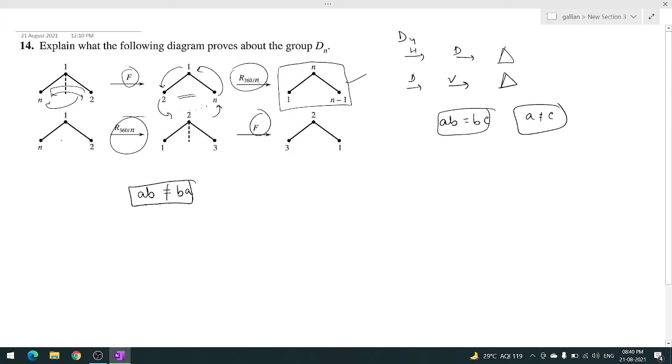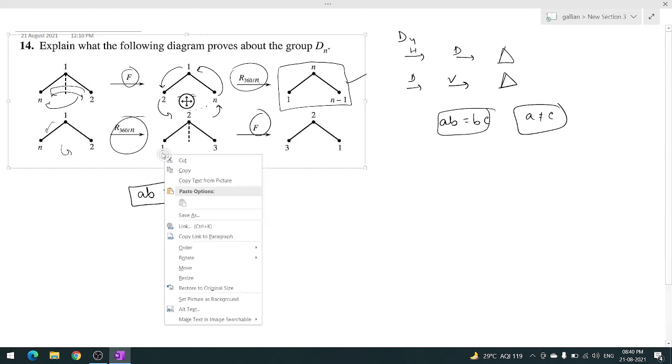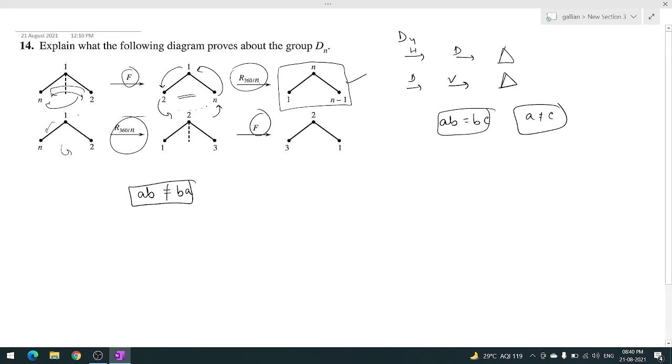But here what we did? Firstly, we did the rotation. What happened after rotation? Obviously, the same thing will happen: 1 goes to 2, 2 goes to 3, meaning we just moved ahead counterclockwise. So 1 goes to N, 2 goes to 3 and so on, because here it is written 1, 2, 3 in clockwise, but we are moving anti-clockwise, so that's why it is like this.